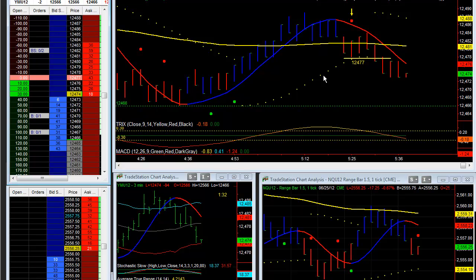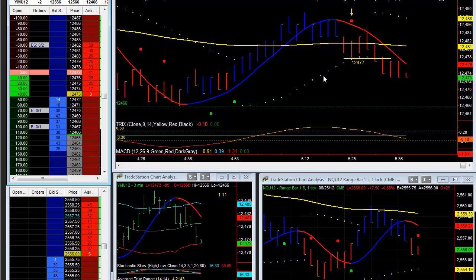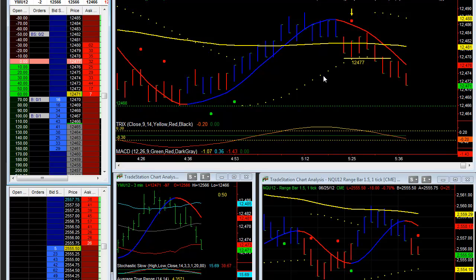Just think about that logically: on a high, the market generally doesn't go bid, it just goes offer. And on a low, the market generally doesn't go offer, it only goes bid.